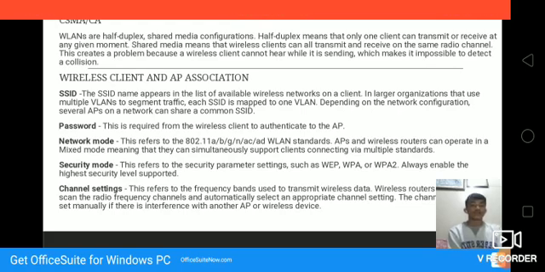Channel setting. This refers to the frequency bands used to transmit wireless data. Wireless routers and APs can scan the radio frequency channels and automatically select an appropriate channel setting. The channel can also be set manually if there is interference with another AP or wireless device.